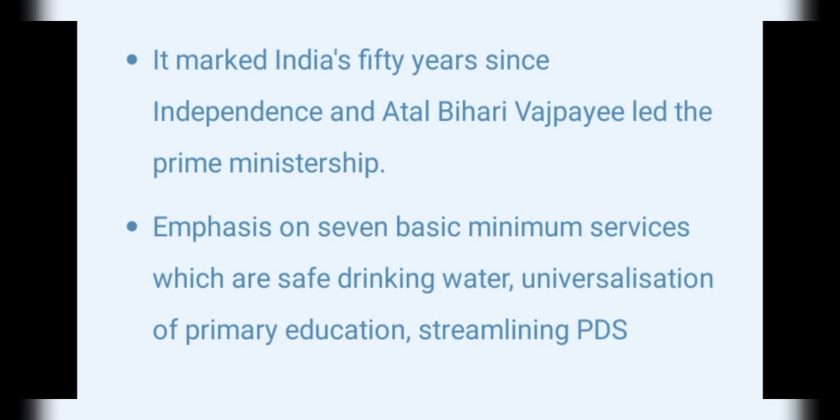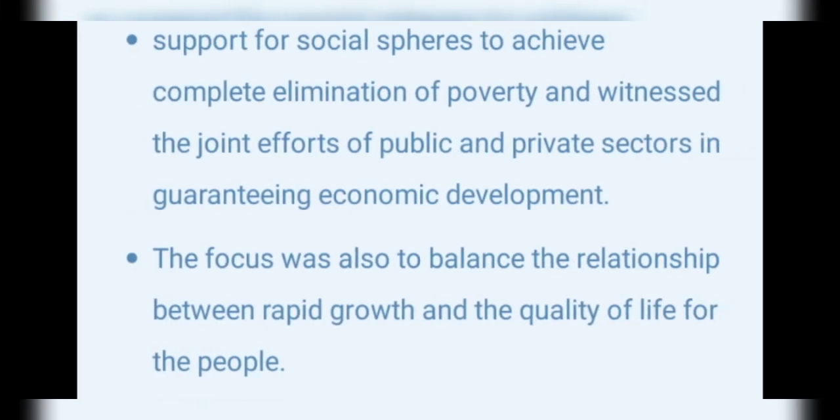Emphasis on 7 basic minimum services, which are safe drinking water, universalization of primary education, streamlining PDS, support of the social sphere to achieve complete elimination of poverty, and witness the joint efforts of public and private sector in guaranteeing the economic development. The focus was also to balance the relationship between rapid growth and quality of life for the people.